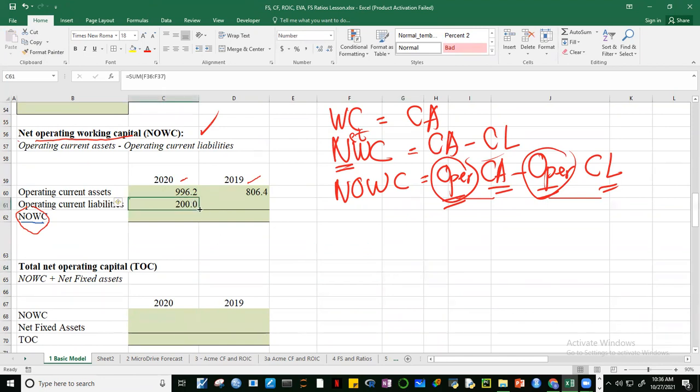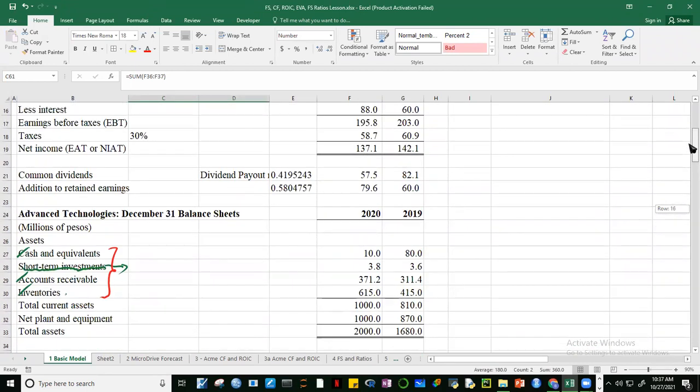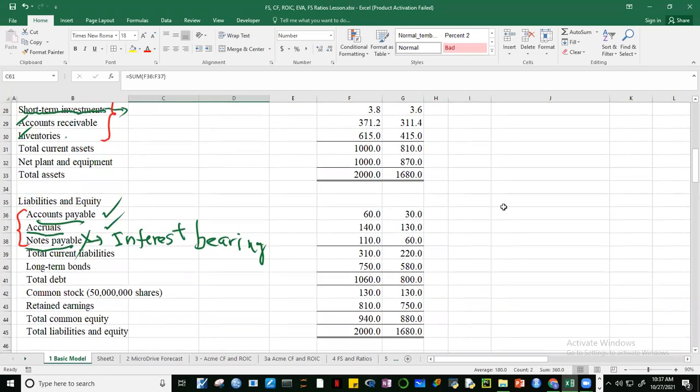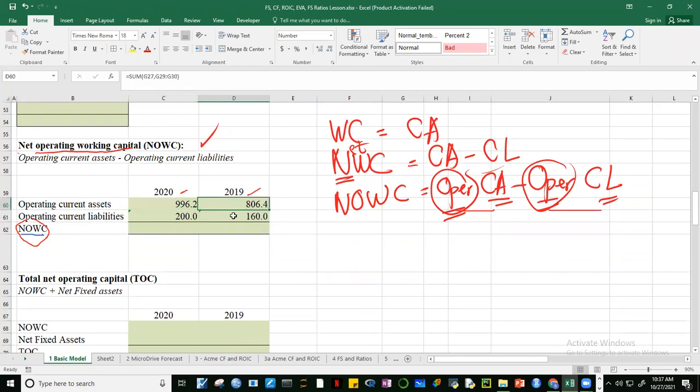And we can copy this to the right, guys, because just like a while ago, the position of the cells are such that they're also side by side. So since this also is side by side, then we can copy the cells. Therefore, the net operating working capital is this one minus this one.